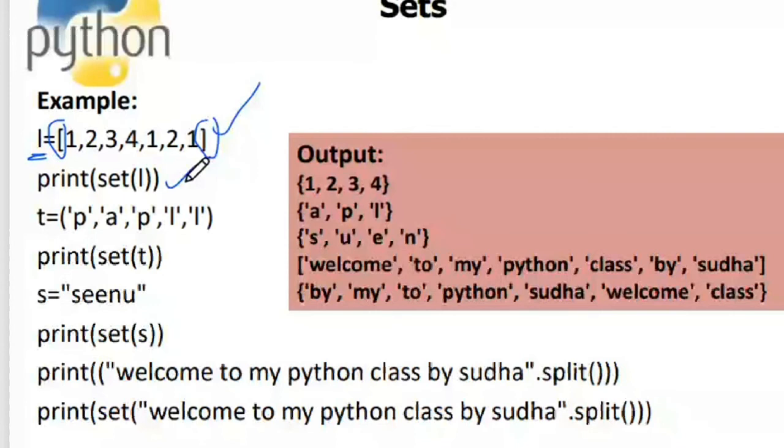The set is returning a set that it created from the list that it has taken as an argument, and that set is printed by using the print function. It has eliminated the duplicates and created a new set, which is 1 2 3 4. And then 1 2 3 4 you can see is now a set. You can see the curly brackets over here.